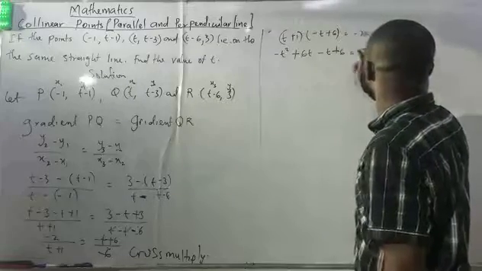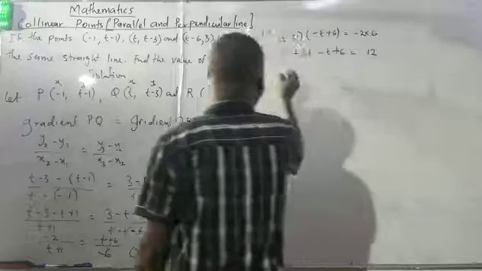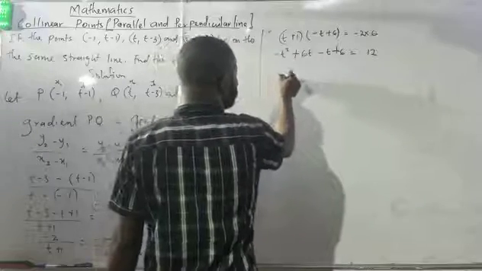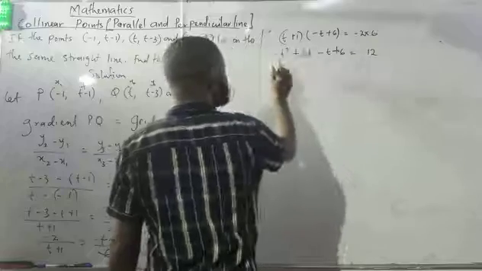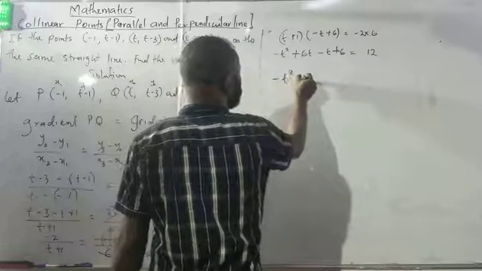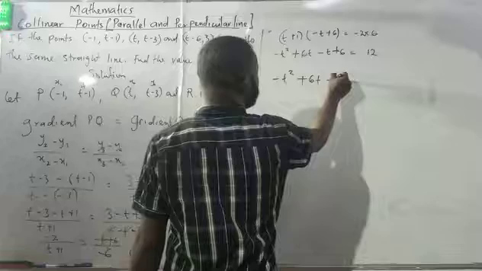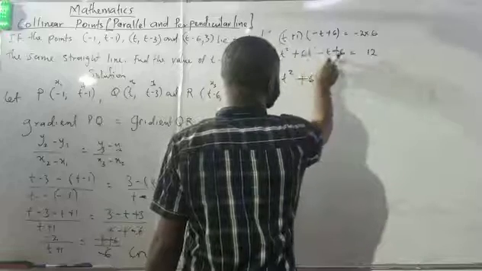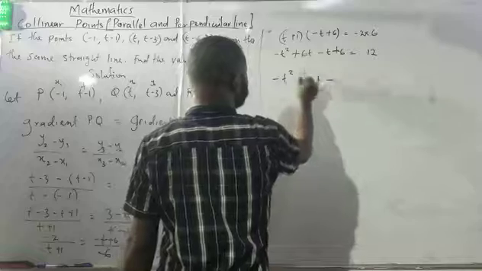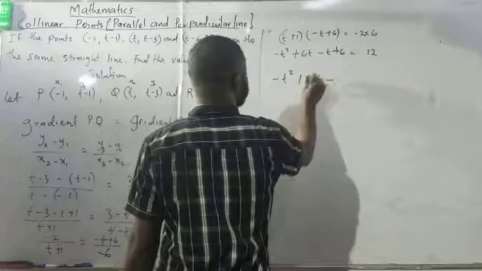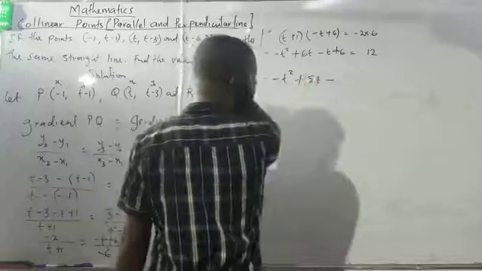And here will be what? Now, for me to have this, it means I'll be having t squared. Let me not even rest my minus t squared plus 6t minus this one, and this one will be what? Will be plus 5.